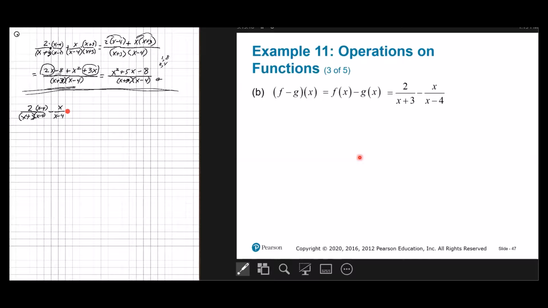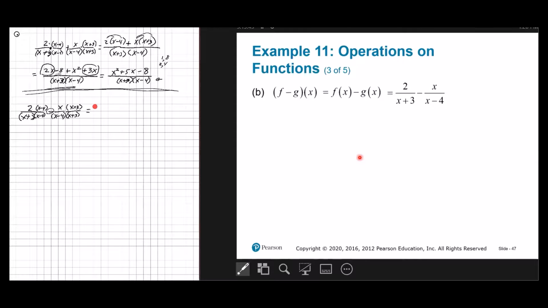And same thing over here. We're going to multiply by the fraction x plus 3 divided by x plus 3. So we're going to do the same multiplies we did up here. But be very careful, because this is a subtraction here. Okay. With addition, we don't need to be too careful, but with subtraction, we do.